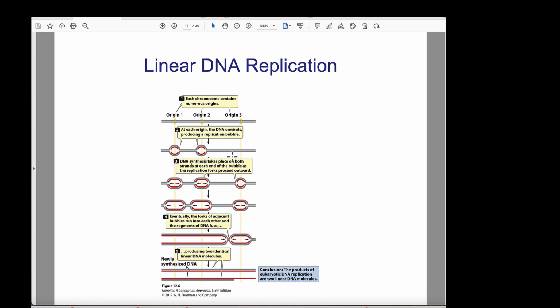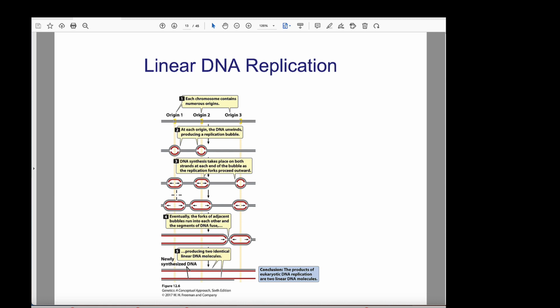So how does this work? You have the DNA that unwinds and produces a replication bubble, which you see here. Once the bubble is formed, it allows for DNA synthesis or replication. Know that those terms can be used interchangeably, DNA synthesis and DNA replication. So it can take place on both strands.